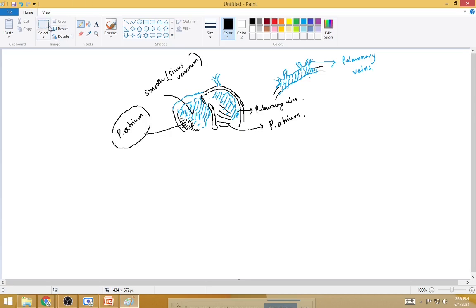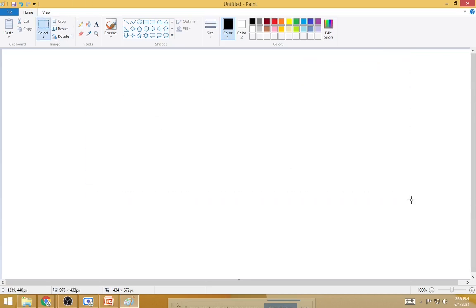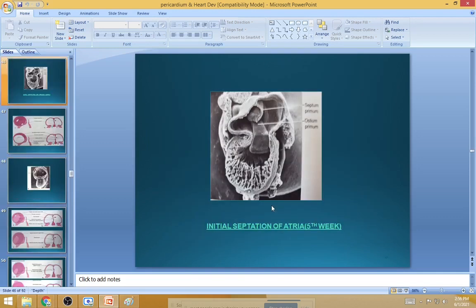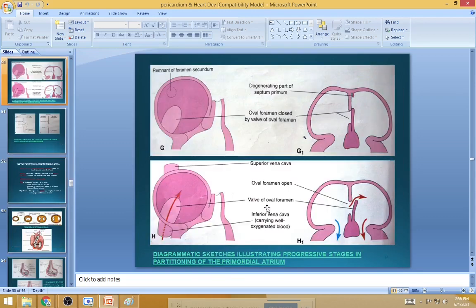Have you understood the septums and the parts of the primitive atria? So let us see quickly. This is the smooth part, the future sinus venarum. This is the rough part formed by the primitive atrium. So we have got a chamber which appears like this.